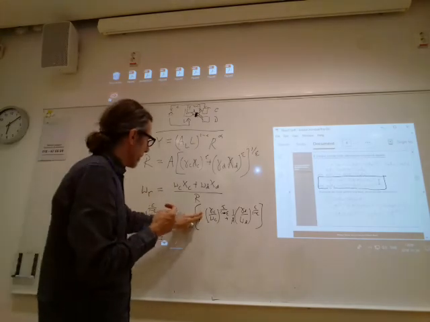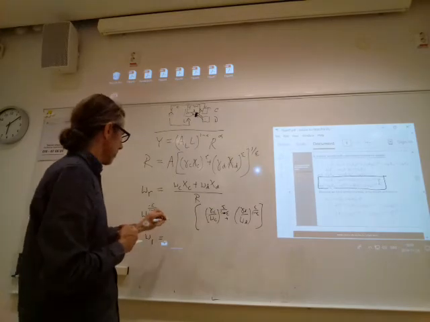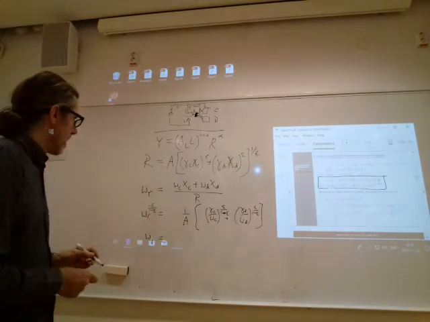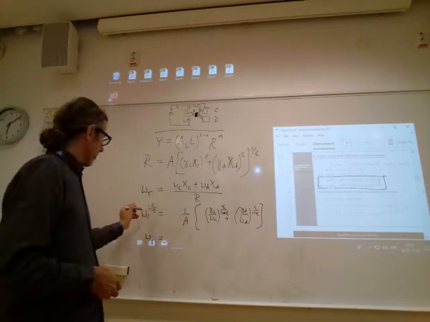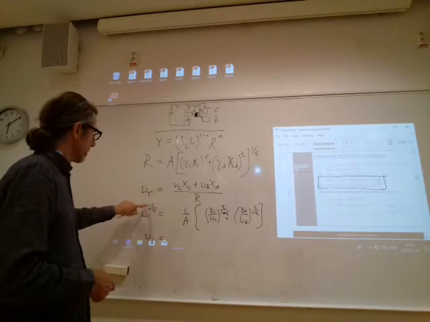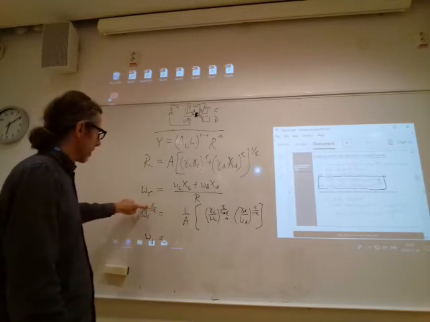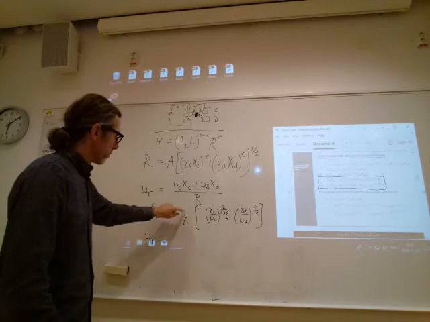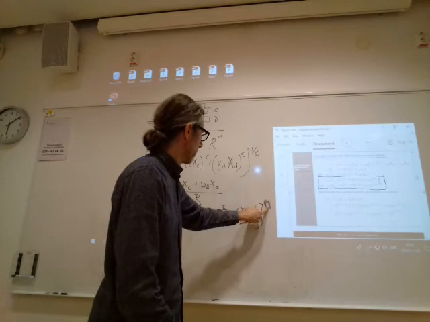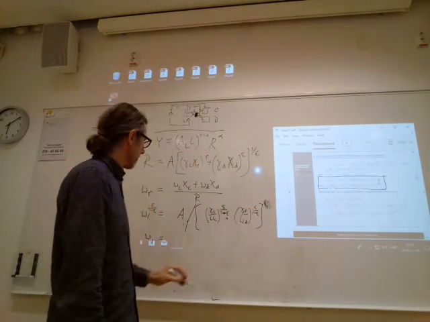No, I should never have taken this A inside here. It's just 1 over A. So we've got a minus sign here. If we raise to the power of minus 1, that becomes plus. Turn that over and turn this over, or if you like, put a line there, A divided by that one.